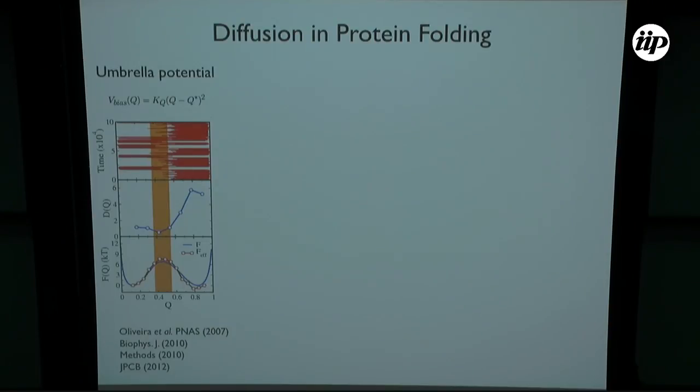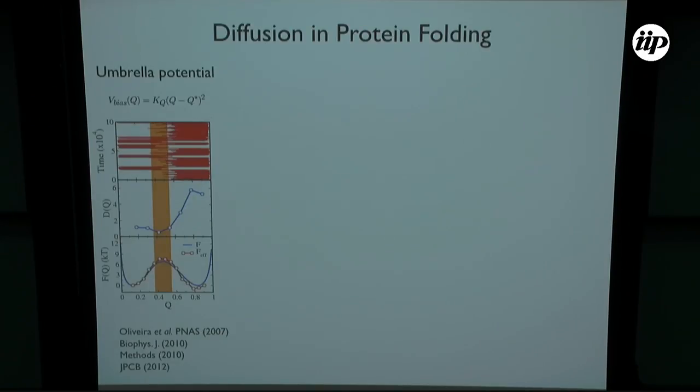Here you have a typical folding trajectory, and we restrict the calculations to this specific Q. Then we have this curve, which is D(Q), the coordinate-dependent diffusion coefficient. If we take that into account, you see that there is a small variation of the kinetic-dependent thermodynamic barrier and the thermodynamic free energy profile.